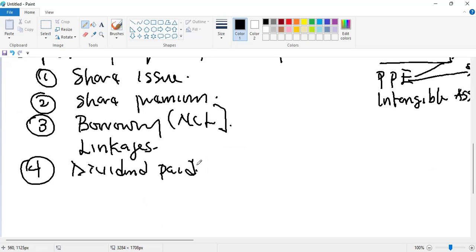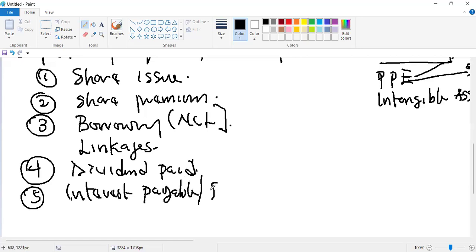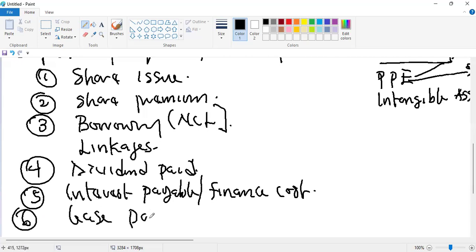Dividend is paid to shareholders who trust us with their money to invest in our company. Five, interest payable, which is the finance cost. Then six is the lease payment. These are the six items under financing.